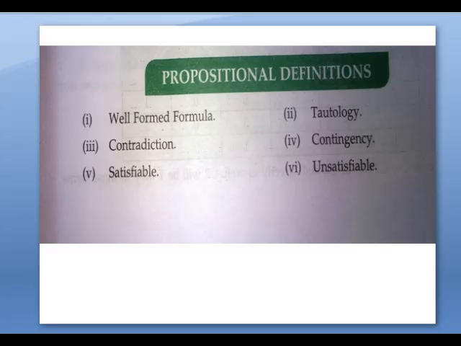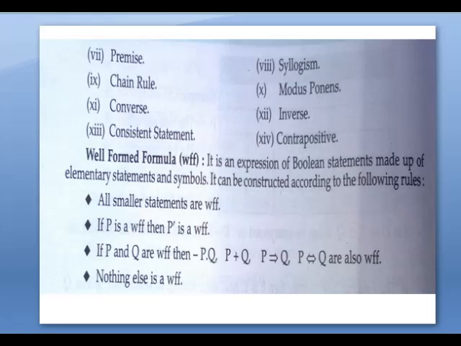Seventh one is premise. Eighth one is syllogism. Ninth one is chain rule. 10th one is modus ponens. And 11th one is converse. 12th one is inverse. 13th is consistent statement. Then 14th is contrapositive.